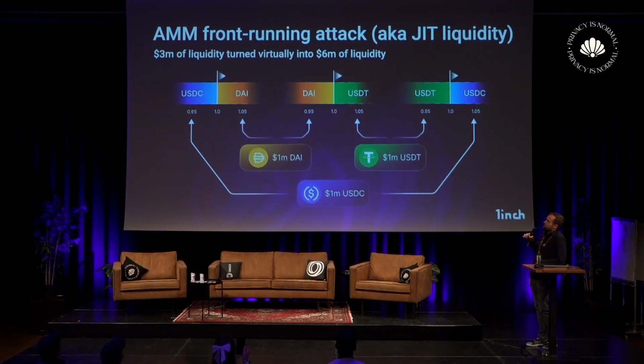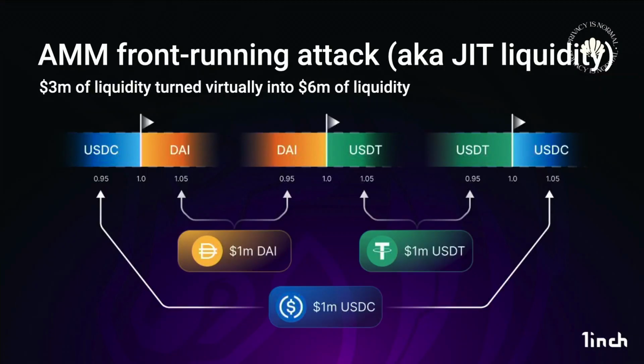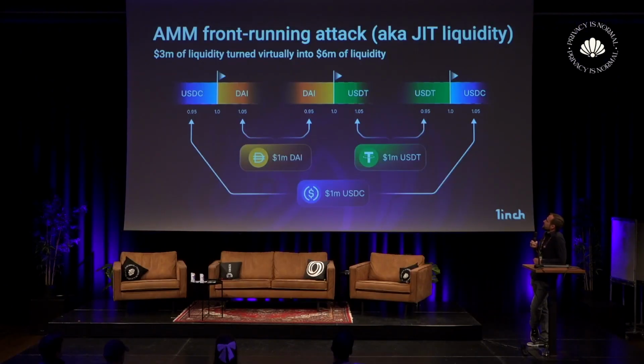You see, for example, there are 3 different pools involving USDC, USDT, and DAI, and someone has 3 million of those assets. So they are injecting their liquidity right before swaps. Why? What are they achieving? They are virtually having 6 million of liquidity by really having only 3 million.